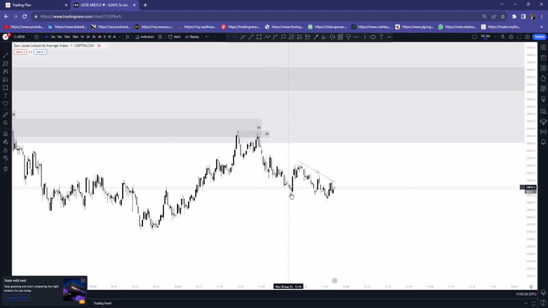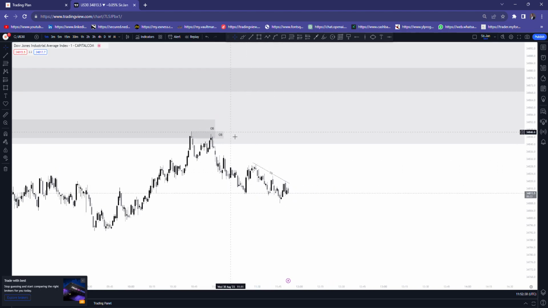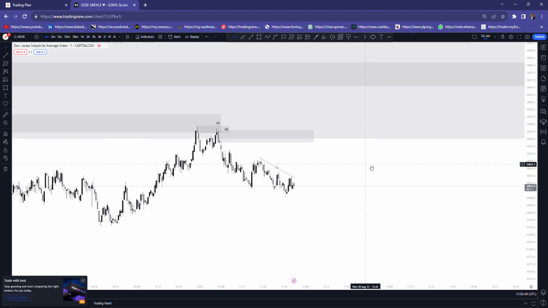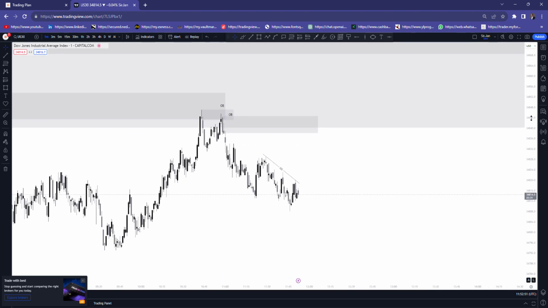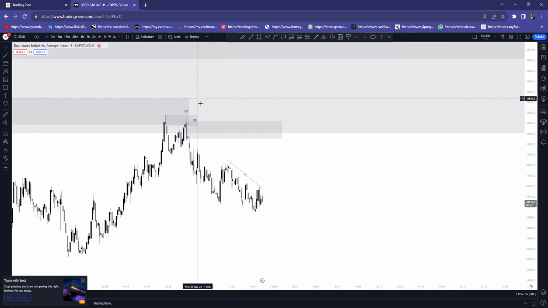So for now, I'll just remove this one quickly, and let's focus on this. So my expectations will be somewhere here. This zone that leads to this 5 minutes.